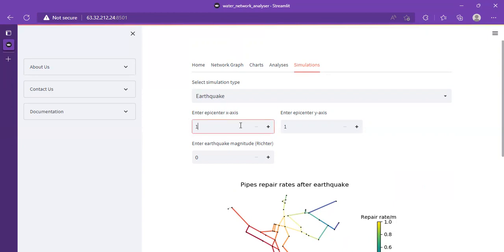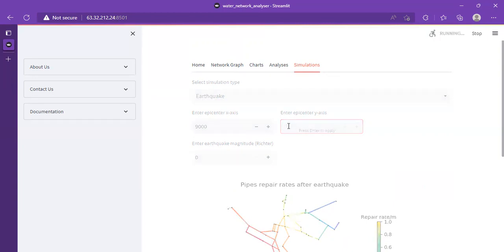All you need to do is enter the epicenter of that earthquake, the x coordinate and the y coordinate, that same axis. Then you also enter the Richter scale of that earthquake and you press enter.